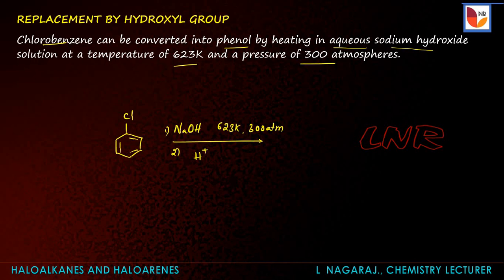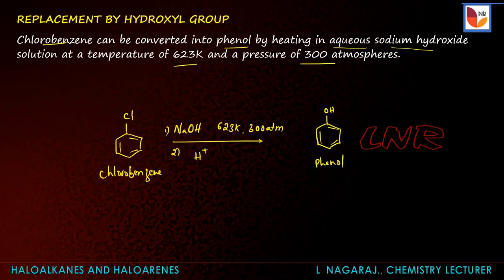So it gives the product, that is phenol, OH. So the obtained product is phenol and the reactant is chlorobenzene. That is the conversion of chlorobenzene into phenol.